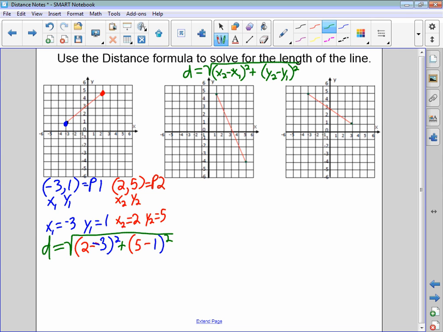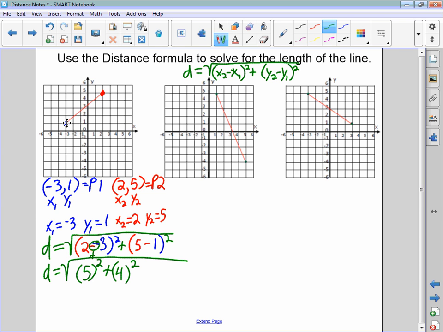We square it. We get 2 minus negative 3, which these become a positive. So 2 plus 3 gives us distance equals 5 squared, plus 5 minus 1 gives us 4 squared.